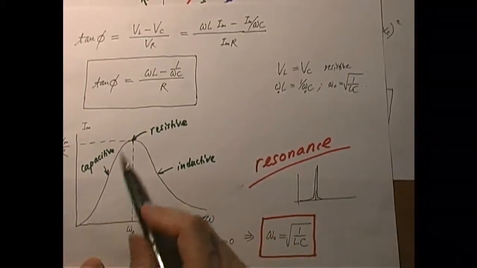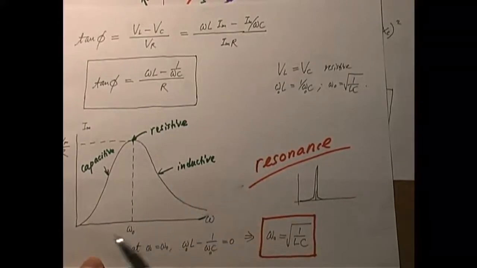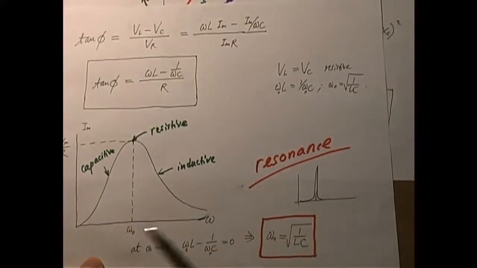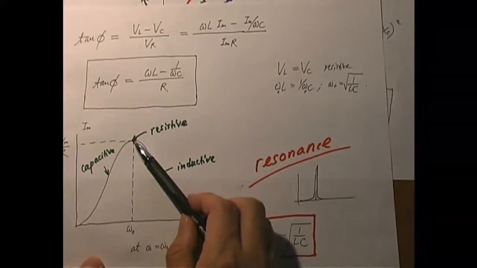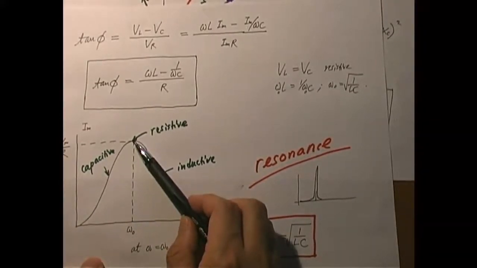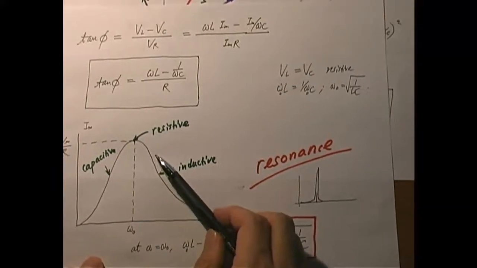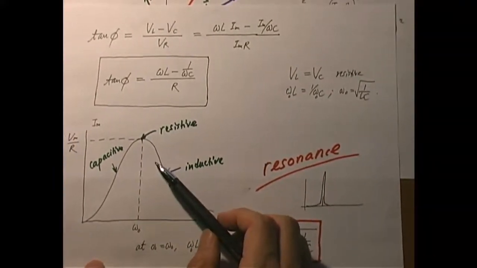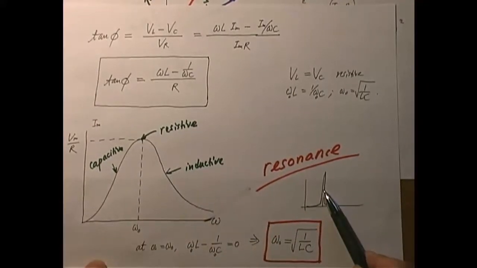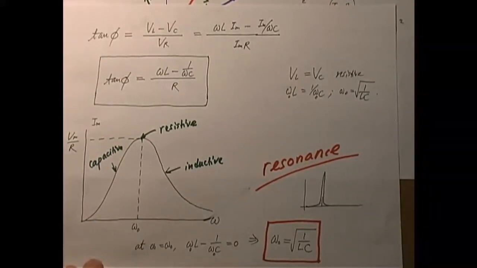This type of curve is not as sharp as that, so it is not as selective. It's also going to respond a little bit to other frequencies. So for a TV receiver circuit, this is a better curve than that. It's more selective.